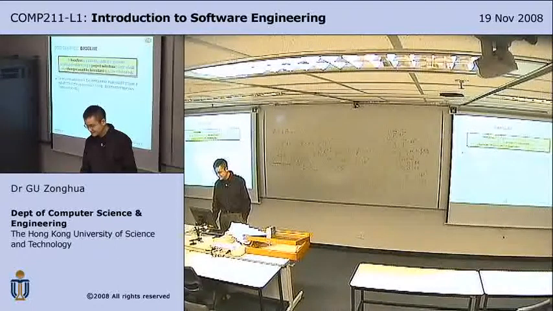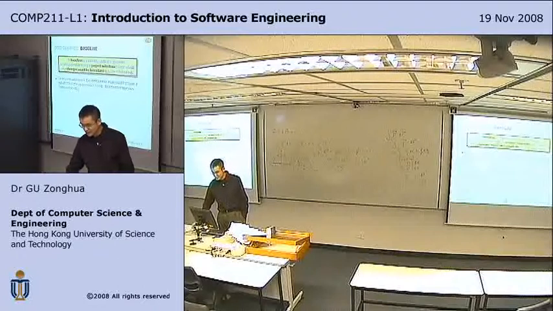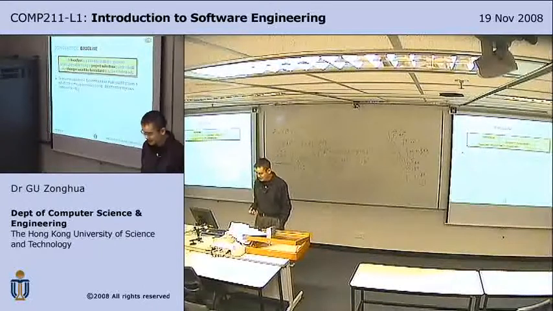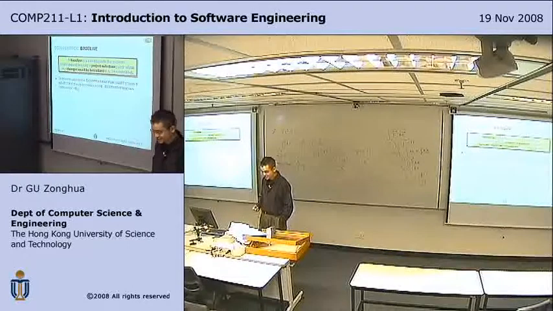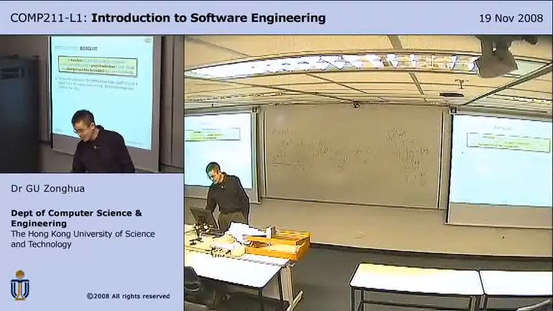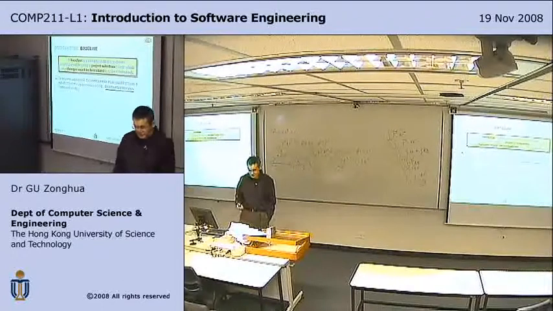So to become a baseline, the configuration item must pass a set of formal review procedures. If it's a document, it must pass the document review. If it's code, it must pass the code review.